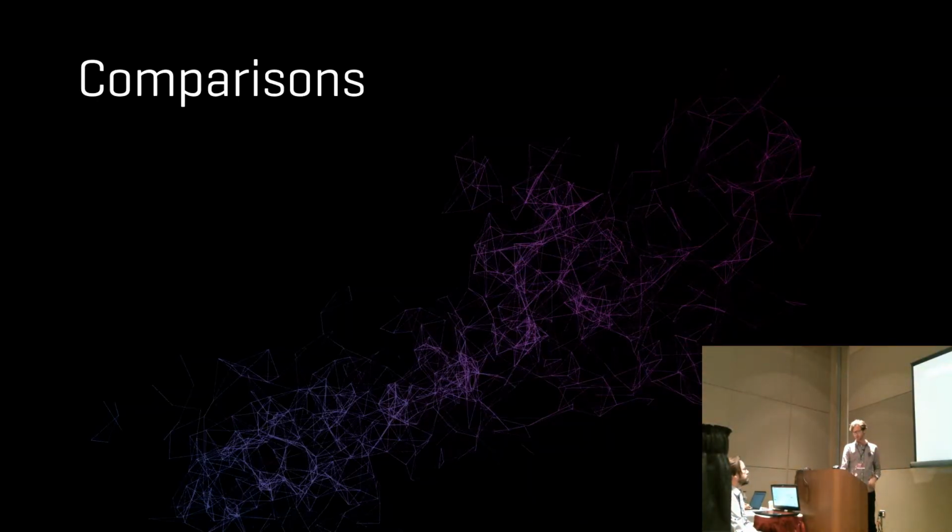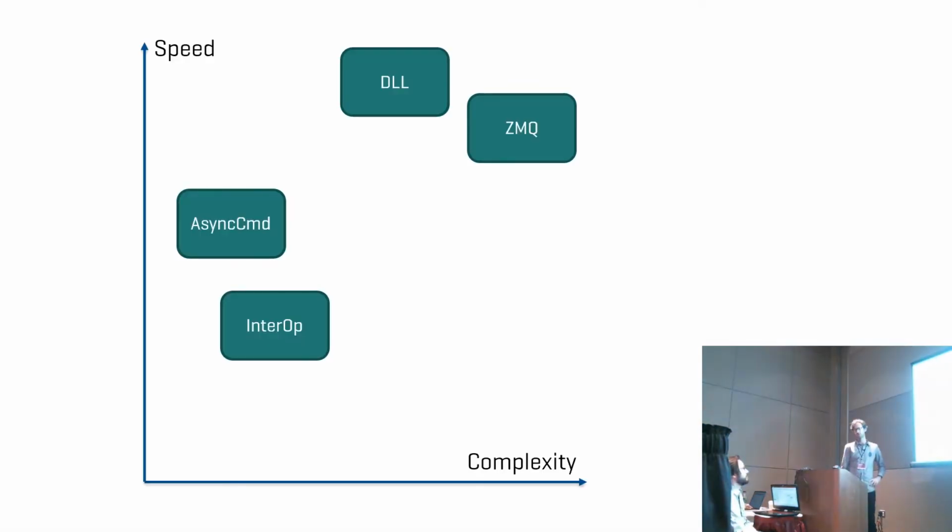I have made some comparisons of these different protocols. If we look at speed, what you can do with it versus complexity, I'll put DLL and CMQ right up there because they're very fast. You can do very effective stuff with them, but they are also more complex.